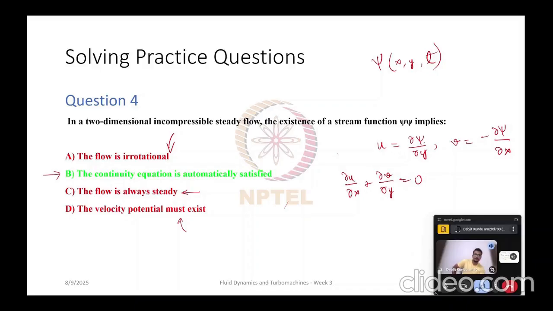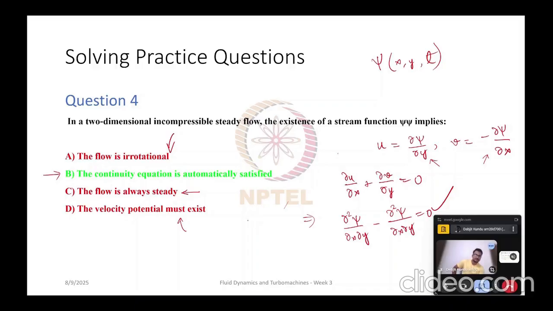If I plug in these two values, what I get is ∂²ψ/∂x∂y − ∂²ψ/∂x∂y equals 0, and it is automatically satisfied.